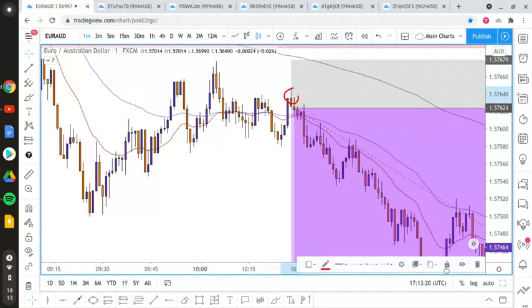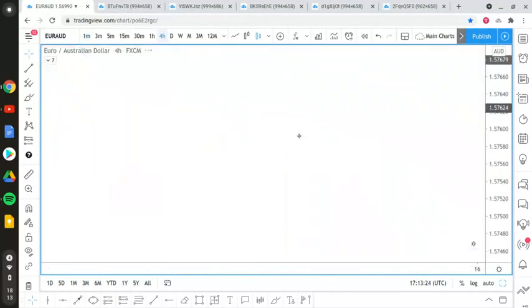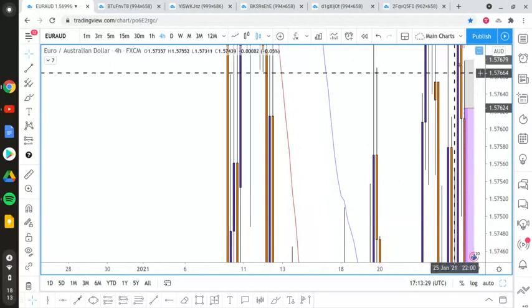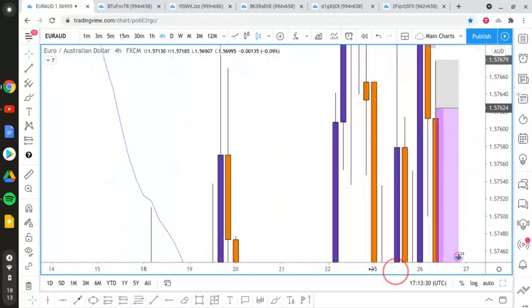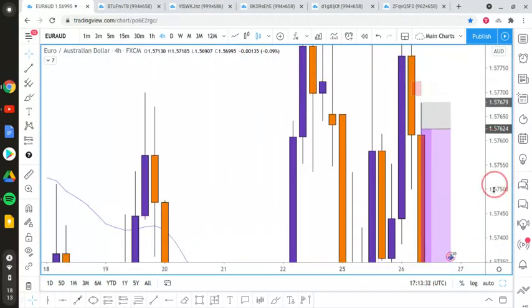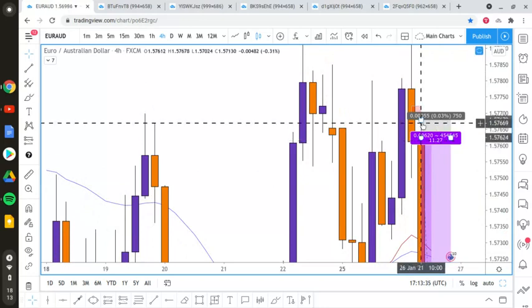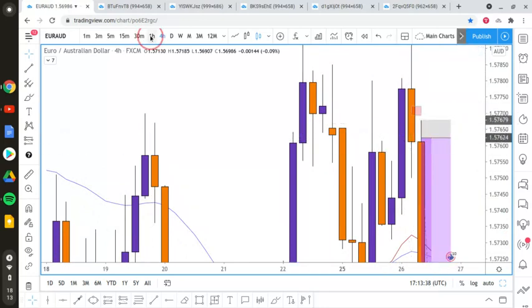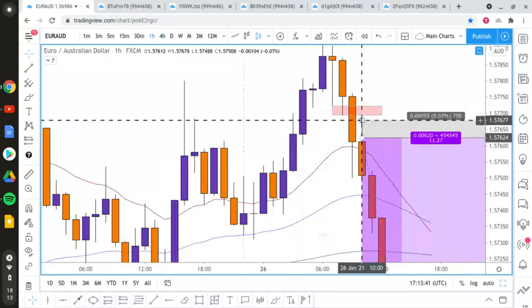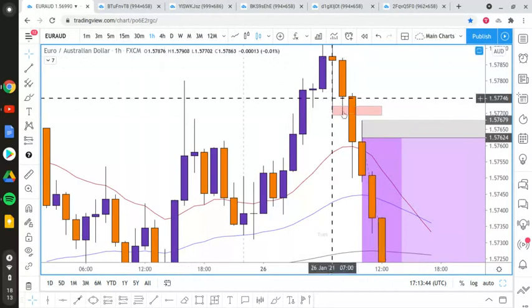My stop loss at the time, and this is what you should be doing as well, on the 4 hour was protected by the highs of the current 4 hour that had just started. So my stop loss, even though it was small, was very well protected. On the 1 hour, obviously, it was above the highs of the 1 hour as well that I'd entered in on.